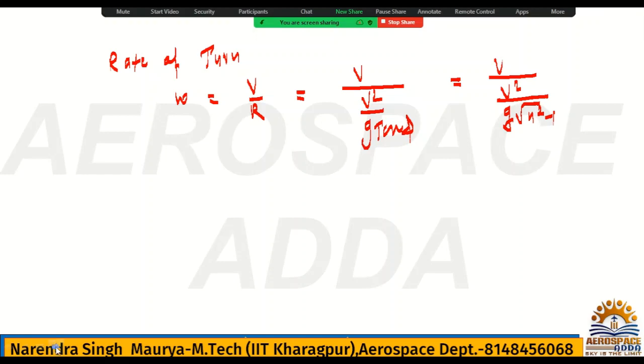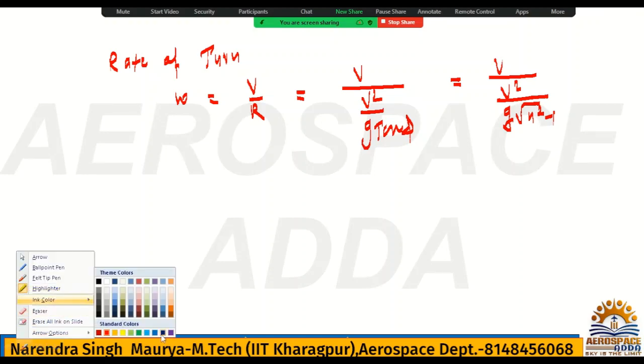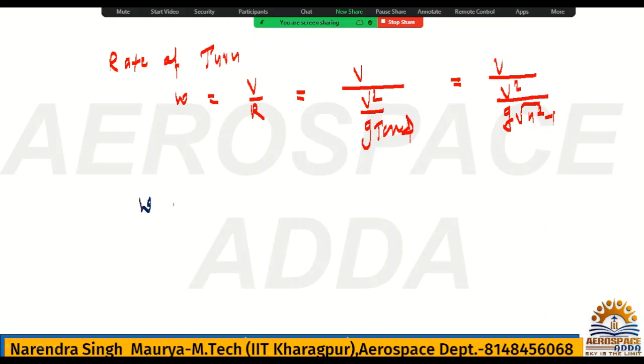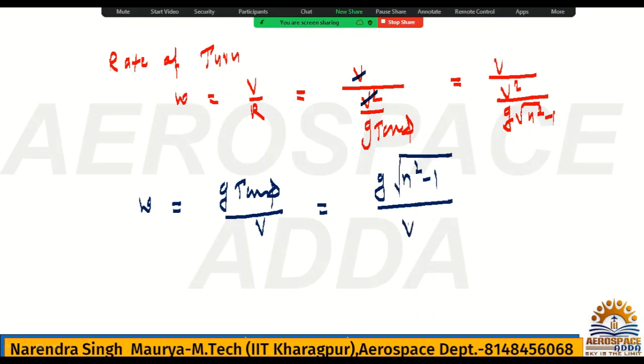You can write this separately. This is very, very important. In GATE they have asked. So with g tan phi, one V will be cancelled out, giving omega equal to g tan phi by V, and in terms of load factor, it is divided by V. This is the formula. What will be the unit? Obviously radian per second. There should not be any doubt.